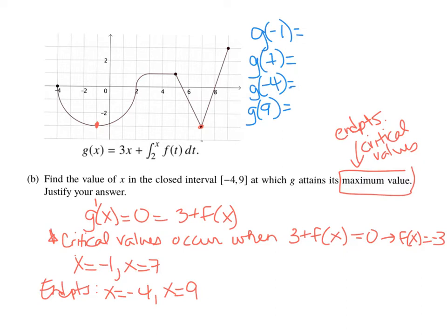For example, for g of -1, you're going to substitute in -1 for x. You get your integral from 2 to -1. For that part, you do need to rewrite that integral so that you have the -1 on the bottom.